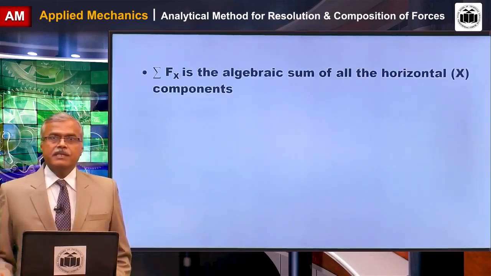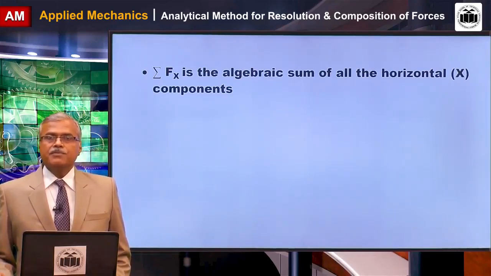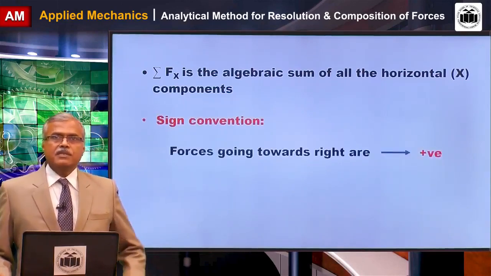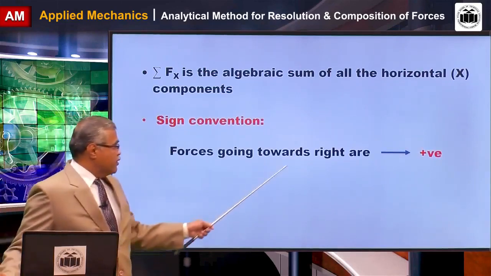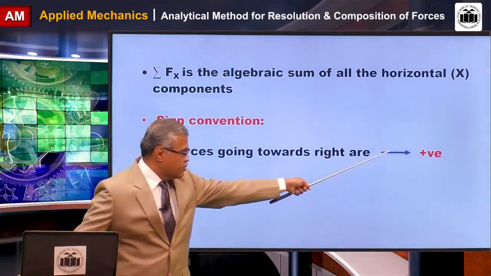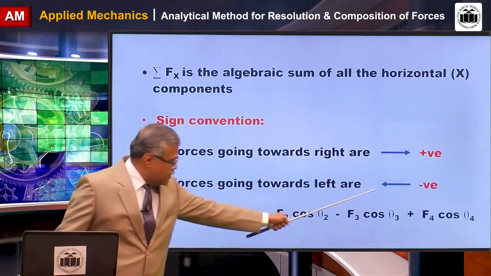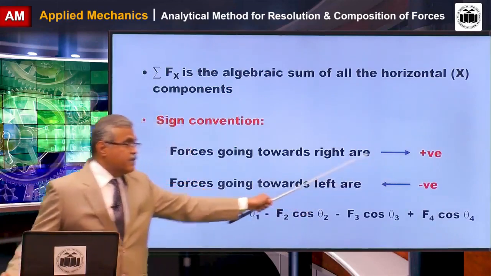The summation Fx is the algebraic sum of all the horizontal components, that is in the x direction. Algebraic sum means we have to use different signs according to the direction of the forces, and those sign conventions are to be followed in determining summation Fx. So if the horizontal force is going towards the right, it is considered positive, and if it is going towards the left, it is considered negative.